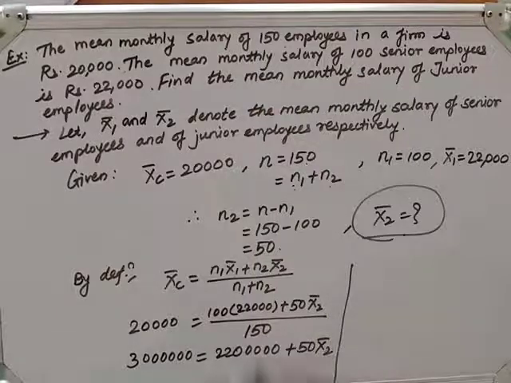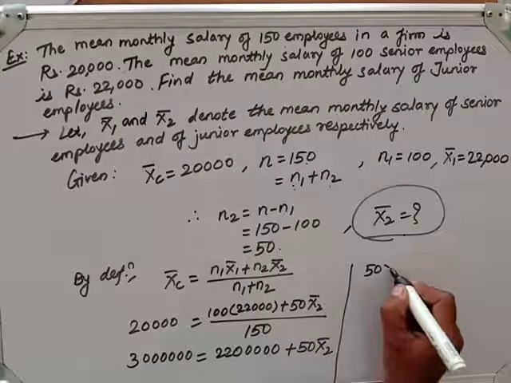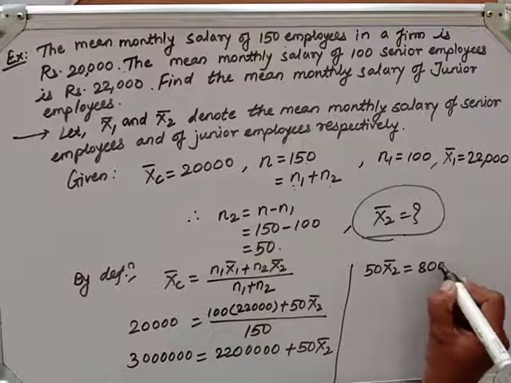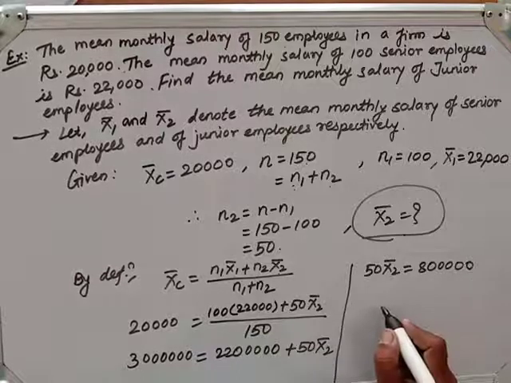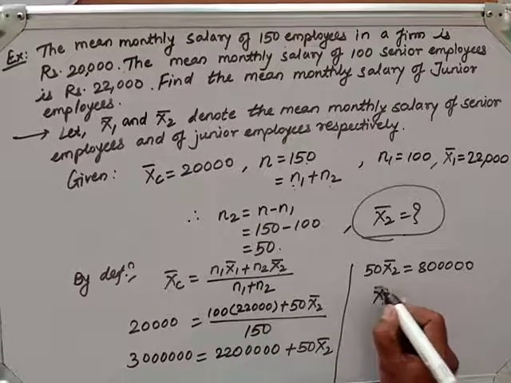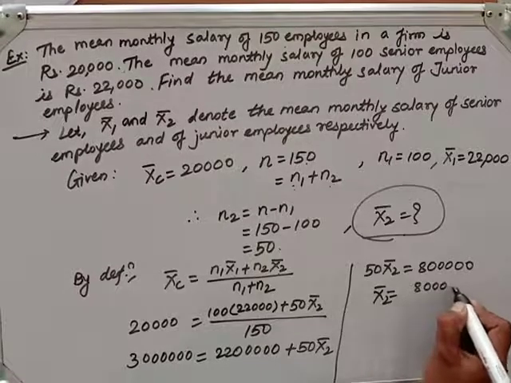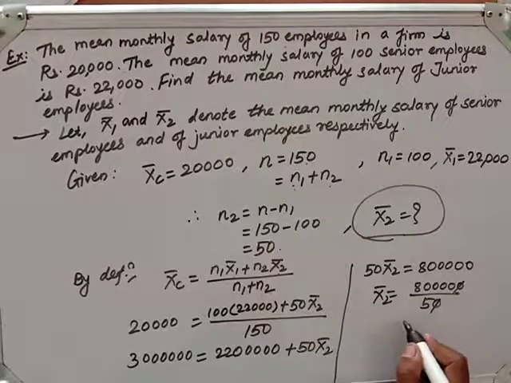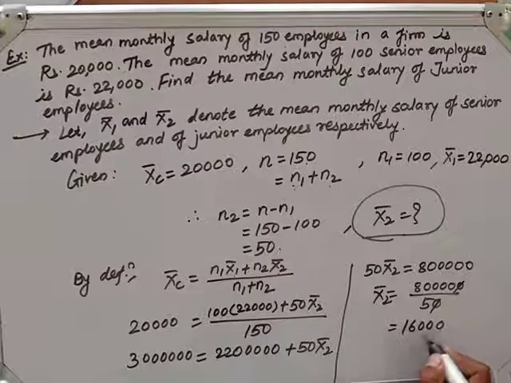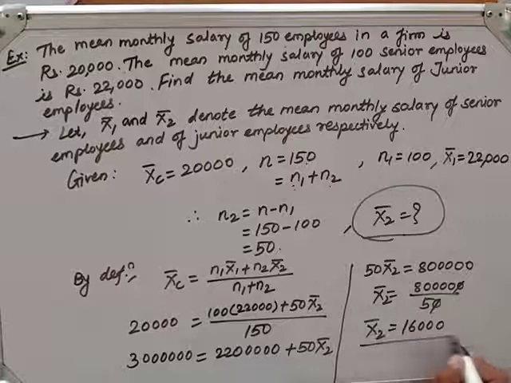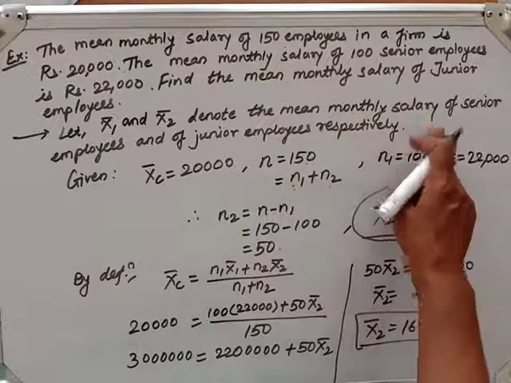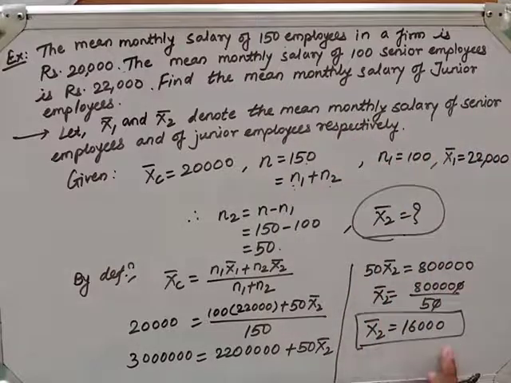So 50 x2 bar is equal to 8 lakh. So x2 bar is 8 lakh upon 50, which is 16,000. So the mean monthly salary of junior employees is 16,000.